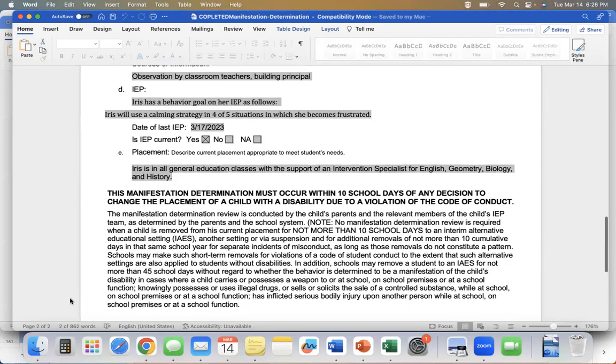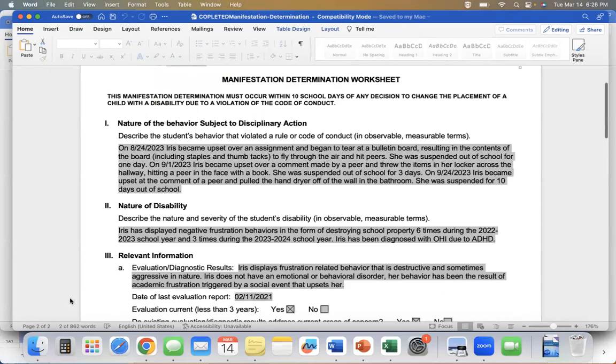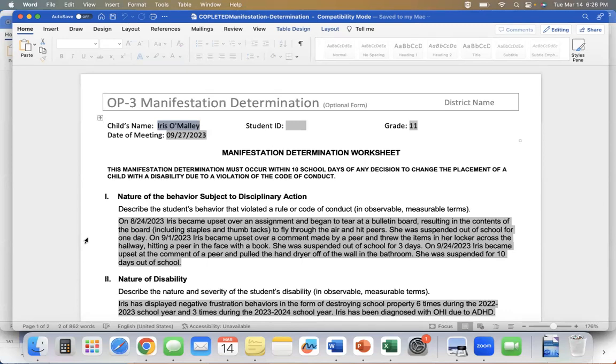And I, again, have not put on here anything that says whether this is determined to be a manifestation of her disability or not, because this absolutely needs to be determined at that meeting. So you are providing evidence, you are talking out some of those types of things. It's a tough situation.